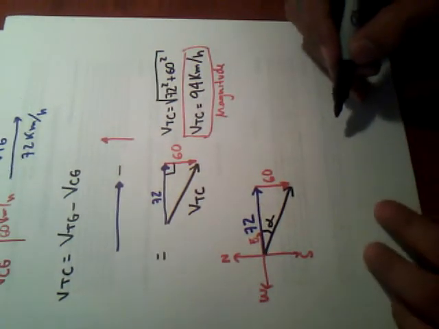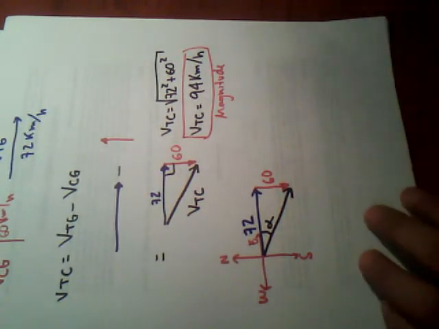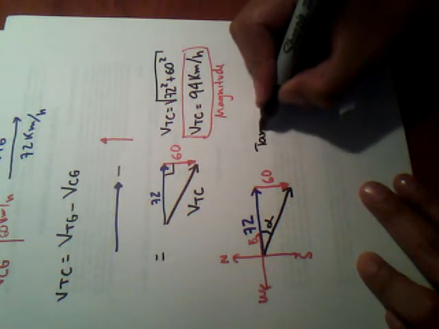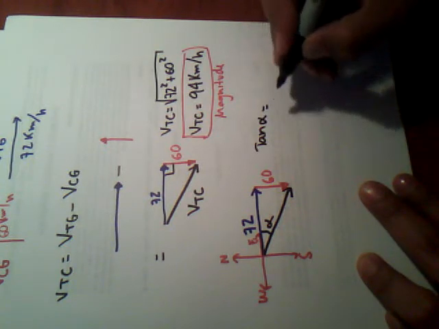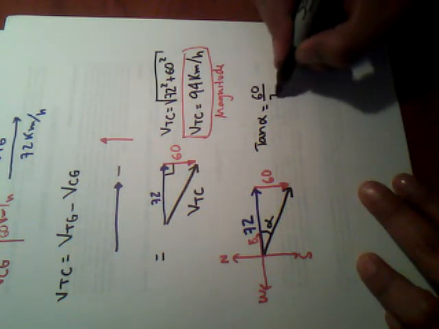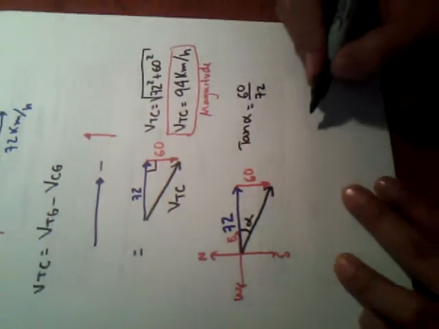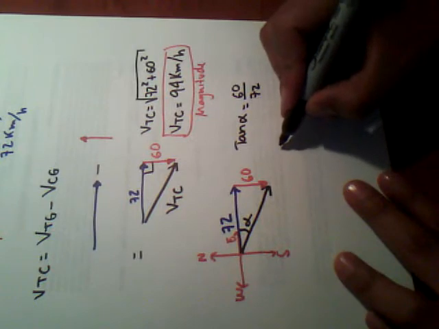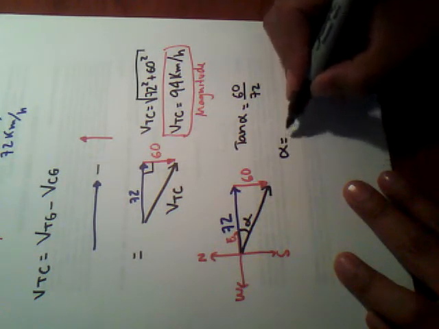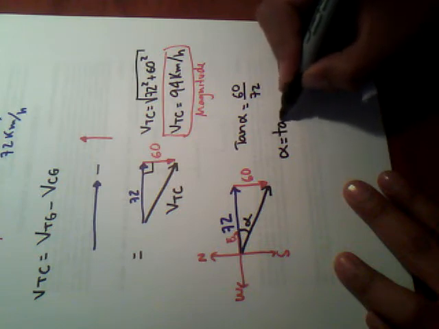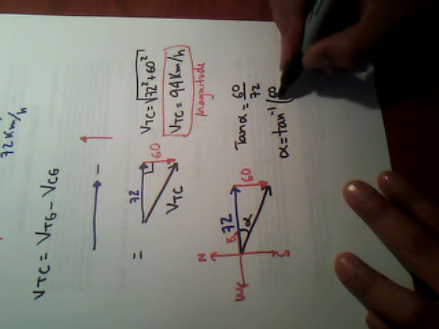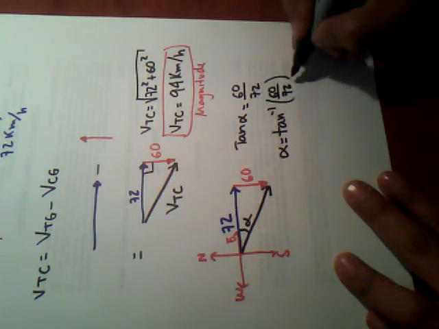So using trigonometry, something that you already know, using SOHCAHTOA, you can find that the tangent of the angle is opposite side, which is 60, over 72, which is the adjacent side. And then alpha, which is what I need to find, the angle itself would be equal to tangent minus 1 of 60 over 72.